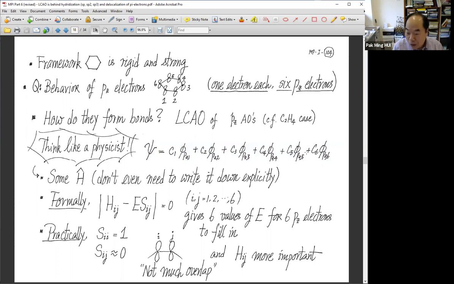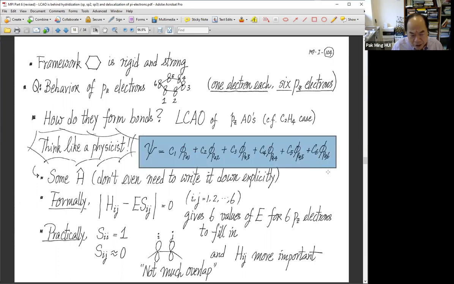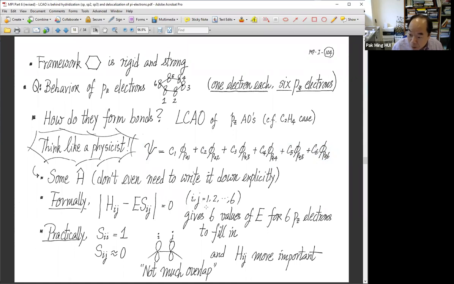We are on the 12th week. If you do a wave function like this as a trial wave function, and you are given a Hamiltonian, then immediately you will have a 6 by 6 matrix problem, and you can set up a 6 by 6 determinant.